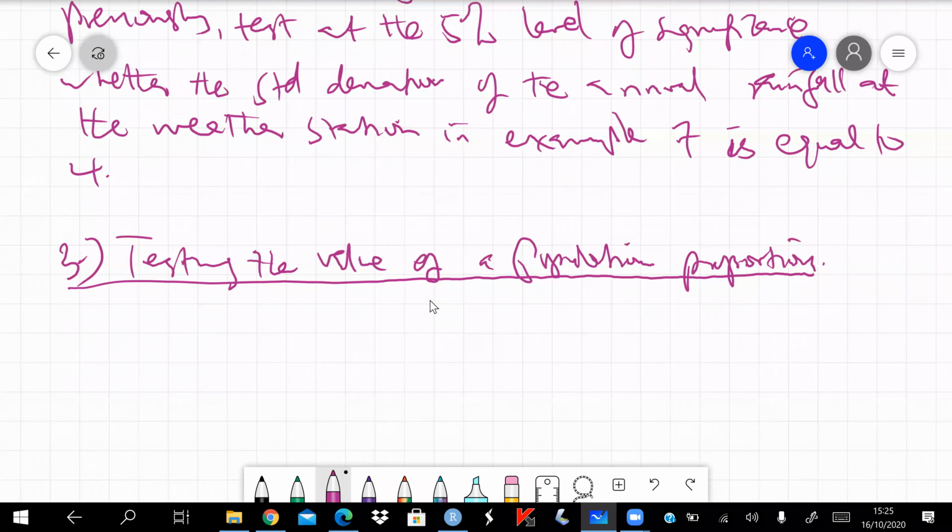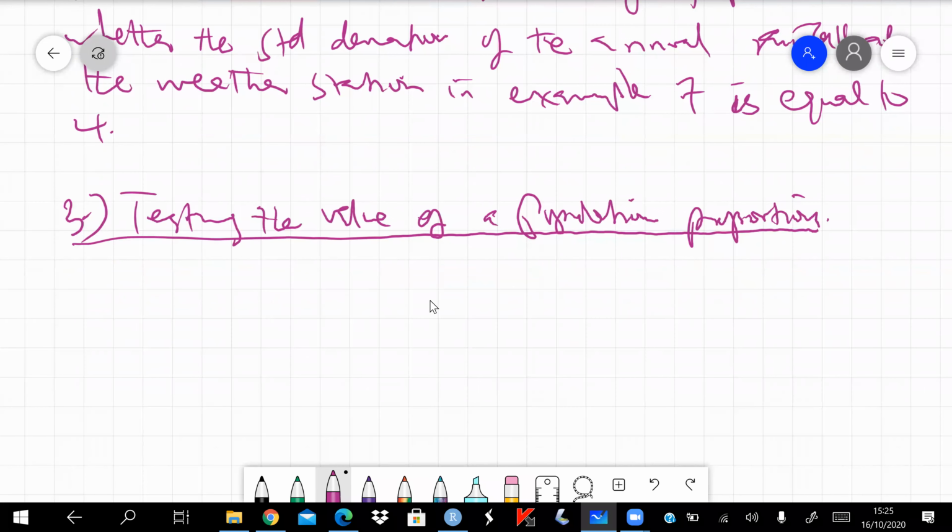Okay, so if there's no question, let's move to our next subtopic, which is testing the value of a population proportion. So let's have this kind of introduction.